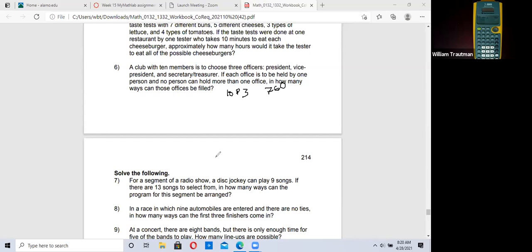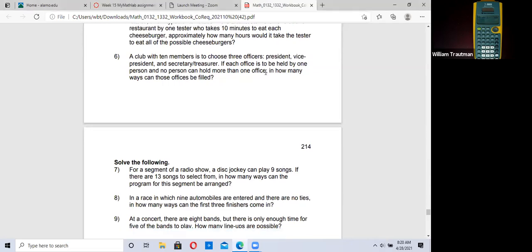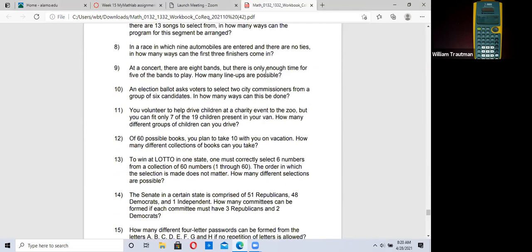I'm also going to do number 10 next. An election ballot asks voters to select 2 city council members from a group of 6. So we're going to select 2 from a group of 6. They're just 2 city commissioners, not councilmen.